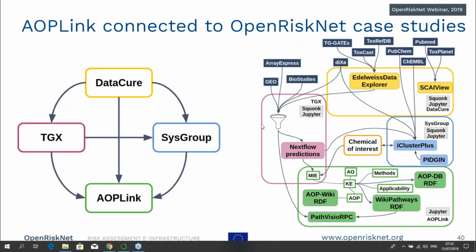On the other side, we can also use the data that comes from DataCure to group chemicals based on chemical similarity and mode of action similarity. So the transcriptomics fingerprint, basically, of exposure scenarios. And by grouping these chemicals, we can do a read across.